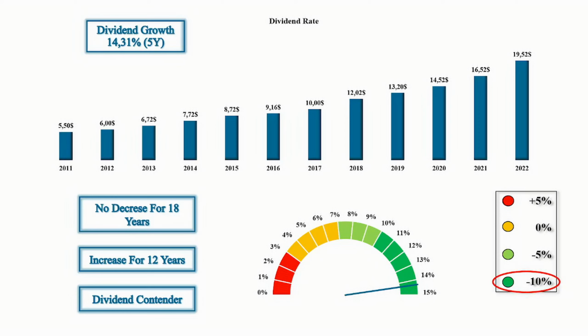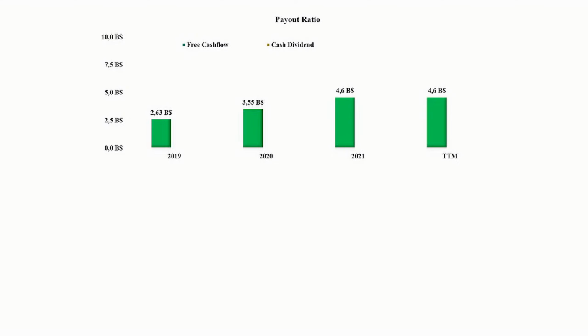By looking at the payout ratio, I'll find out if this high dividend growth is healthy for the company. I always look at the payout ratio with respect to the free cash flow, which is the cash flow the company has available after they've paid all necessary expenses. The free cash flow from Blackrock increased from $2.63 billion in 2019 to $4.6 billion in the last 12 months.